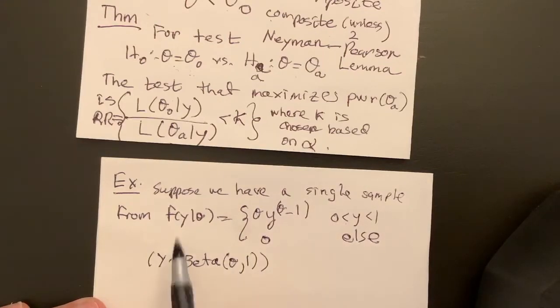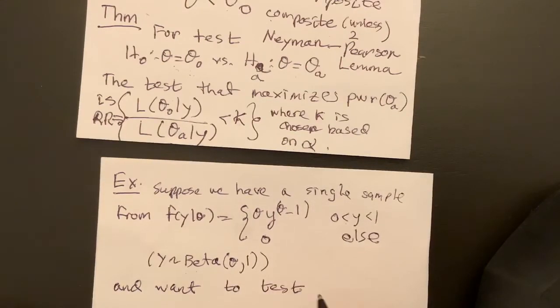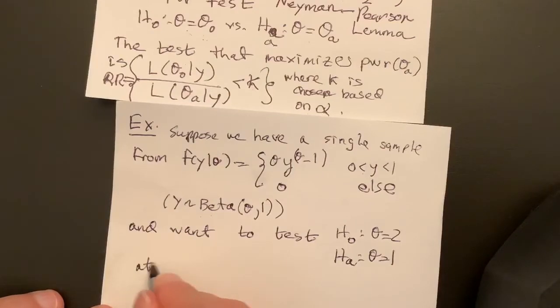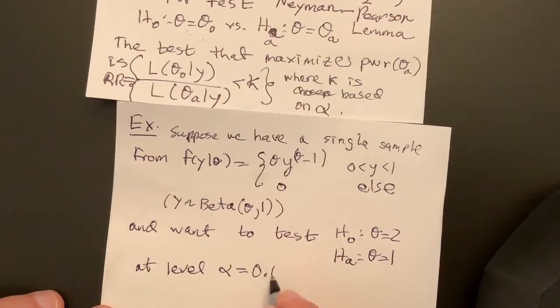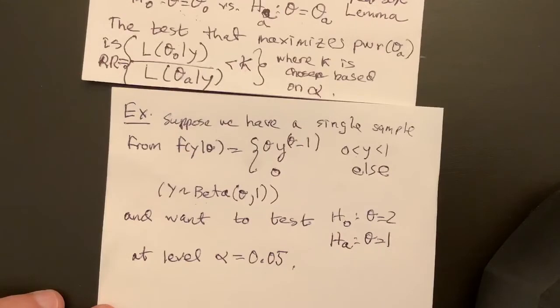So suppose we have a single sample from a beta(theta, 1) distribution, which has this PDF, and we want to test H0: theta equals 2 versus the alternative theta equals 1, at level alpha equals, say, 0.05.